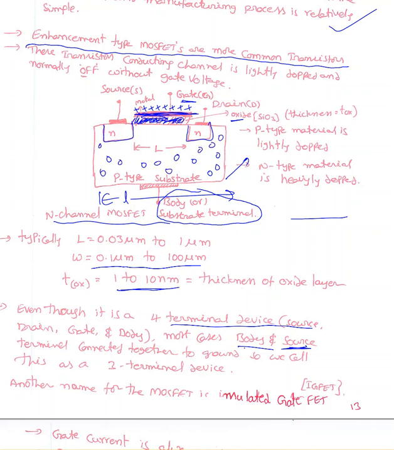At the same time, minority carriers are electrons. So whenever I give a positive terminal there, automatically it attracts all the negative charge carriers up here. So the minority carriers are going to be here. Whenever we create all the negative charges here, a channel is going to be created.